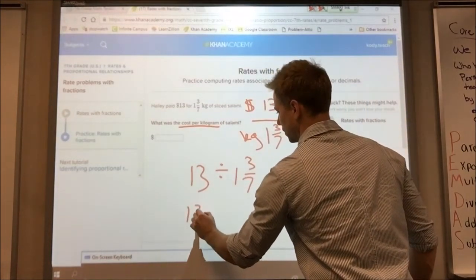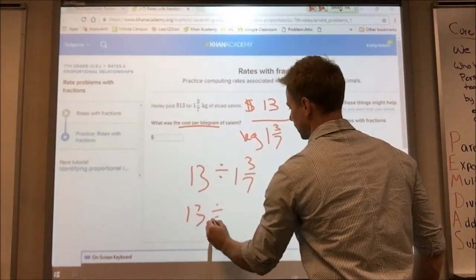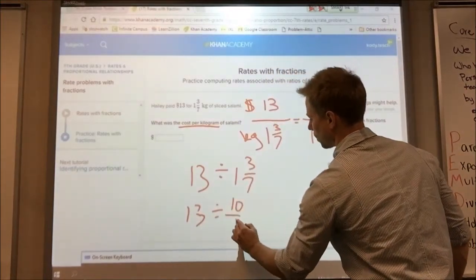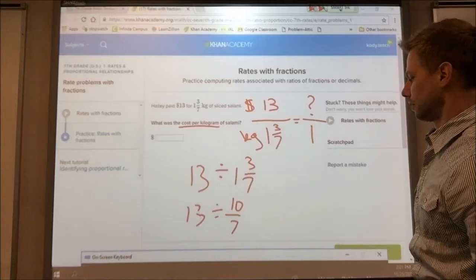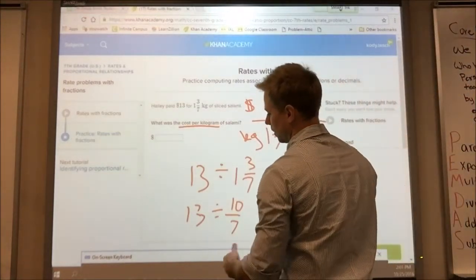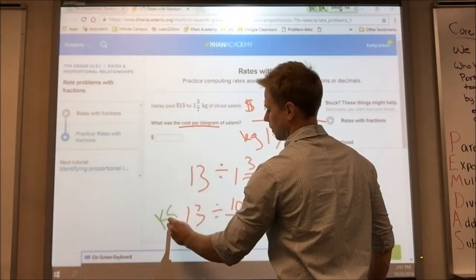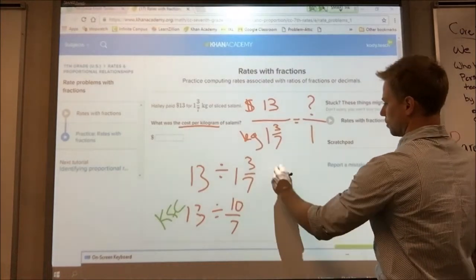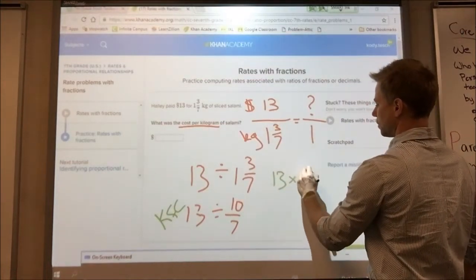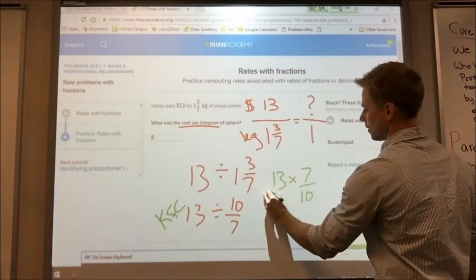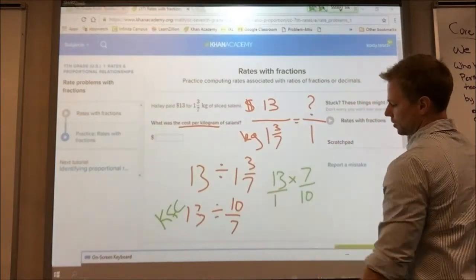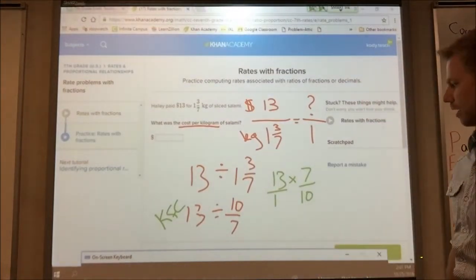That turns into 13 divided by 10 over 7. Now we KFC, and it becomes 13 times 7 over 10. And the denominator of 13 is 1, since there's nothing there.